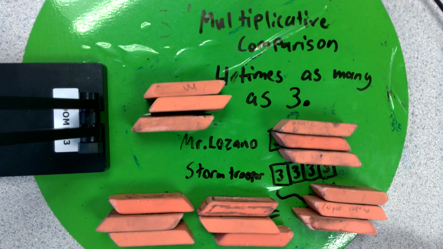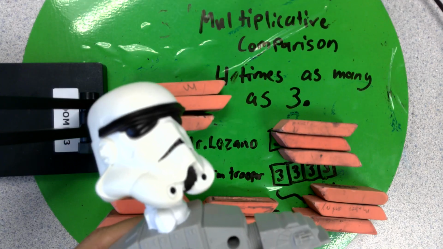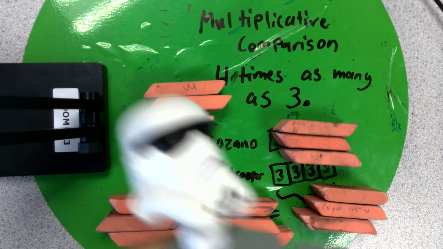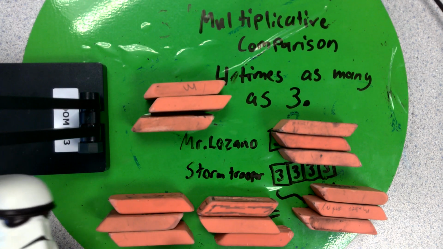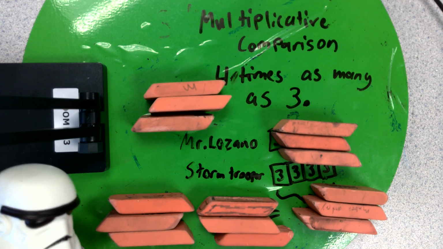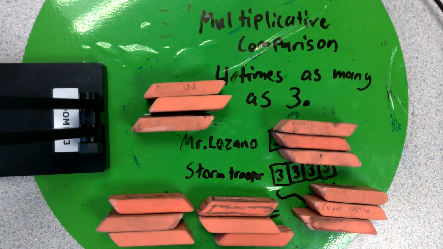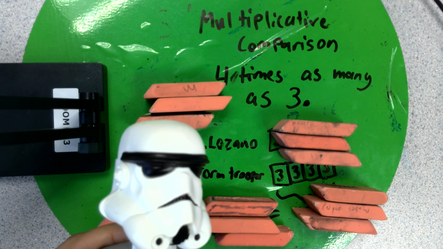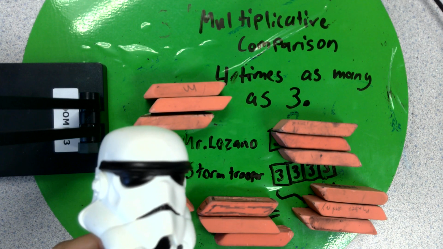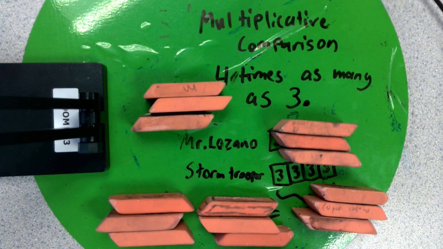So, Mr. Stormtrooper, you have a lot more than me. 4 times as many as 3 means our stormtrooper is going to have these 4 groups of 3, that is the amount of erasers he has, compared to my 3 erasers. So, looks like the dark side, if we're comparing how many erasers we have, the dark side has a lot more than me. Unfortunately, not good news for the good guys.